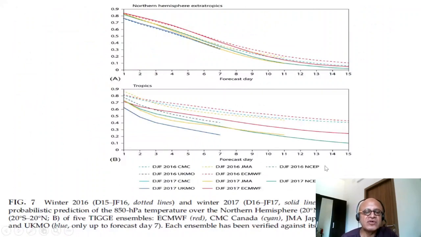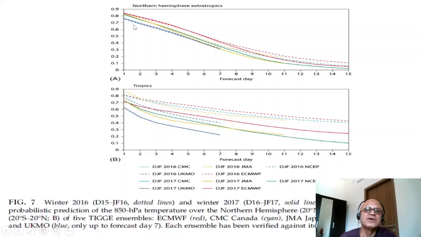This is just to confirm that indeed the model skills depend on, of course, season, region, processes, and also model configurations. So here are different model configurations for different years, DJF 2016 and 2017, and different models. So you can see for the Northern Hemisphere extratropics, and for the tropics in general, there is a skill difference.